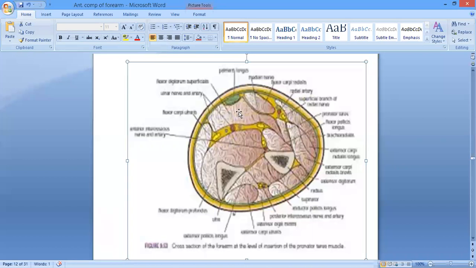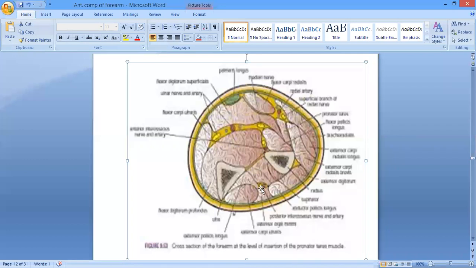This is the superficial group of the anterior compartment and this is the deep group of the anterior compartment. Likewise, we have the posterior compartment muscles. Here you can see that each compartment, formed by these septa coming from the inner aspect of the deep fascia, has its own nerve supply and blood supply.